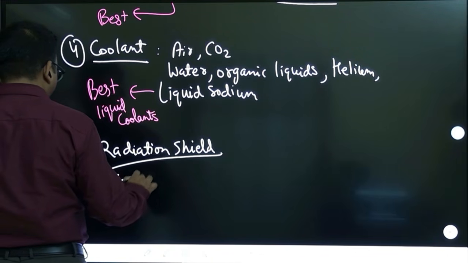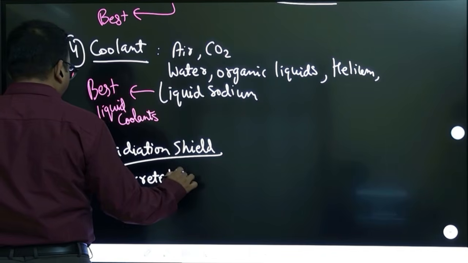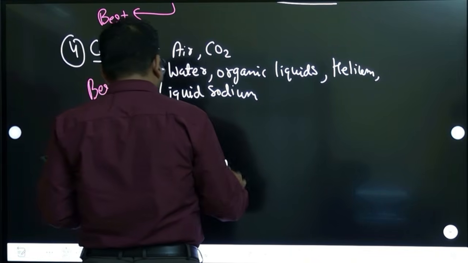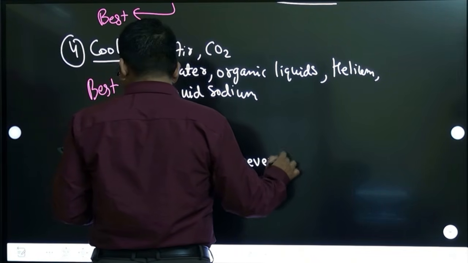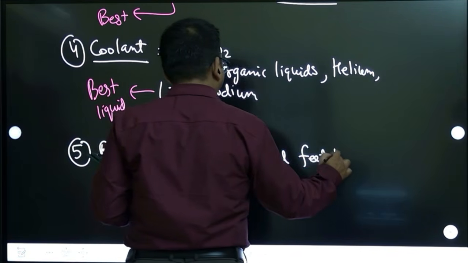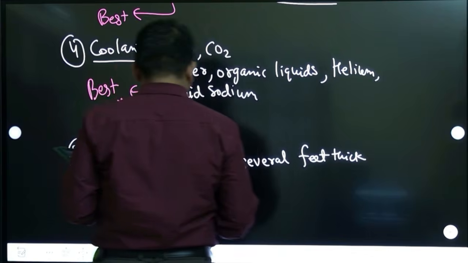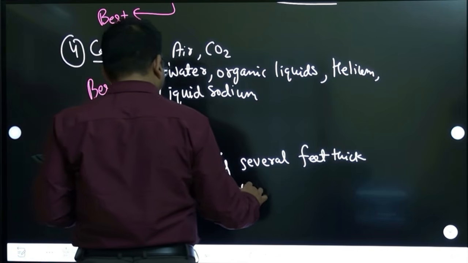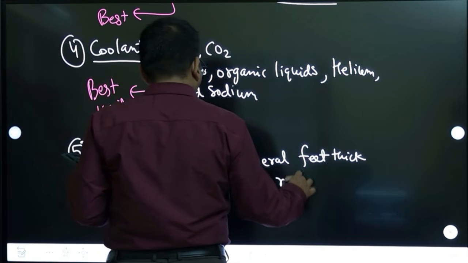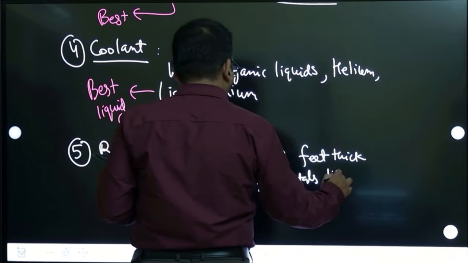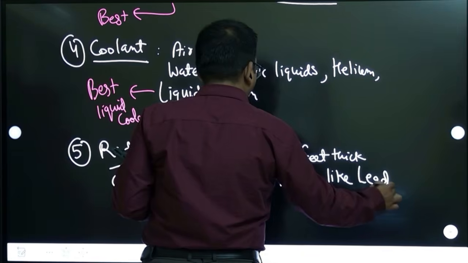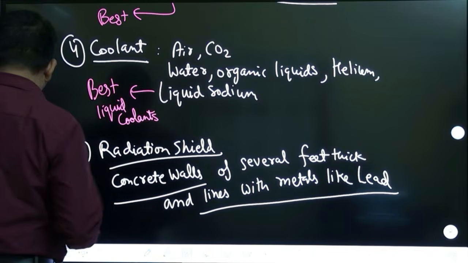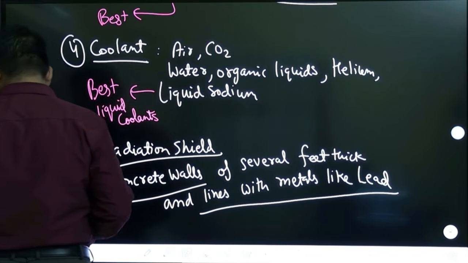Concrete walls of several feet thick, and lined with metals like lead. Lining of lead is there because lead can absorb harmful radiations. Okay.